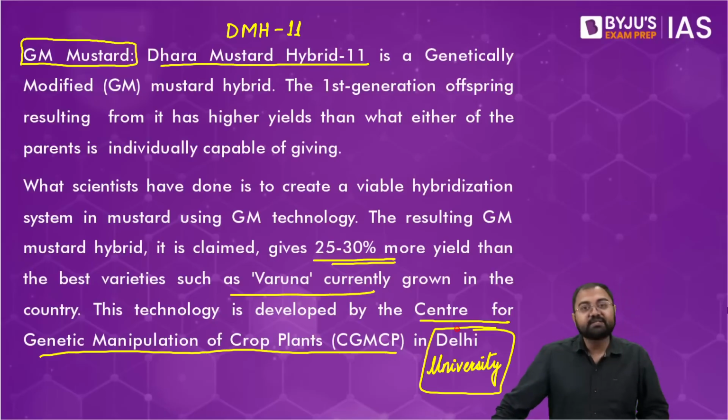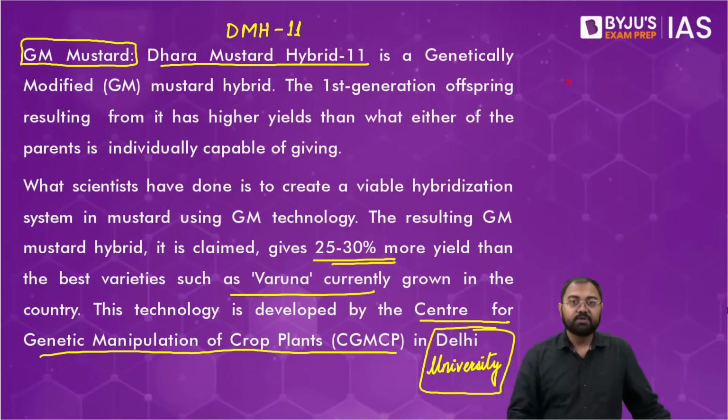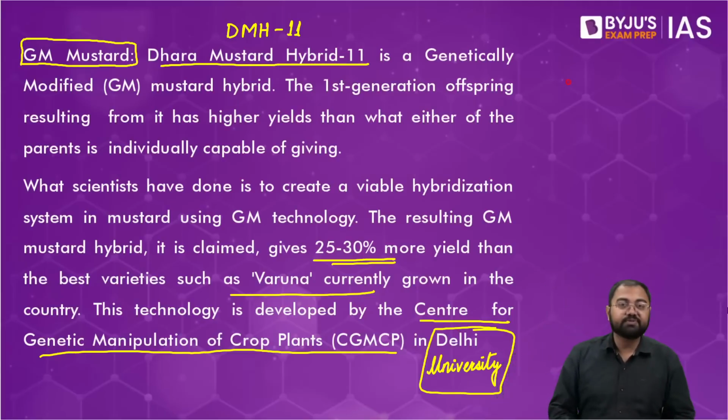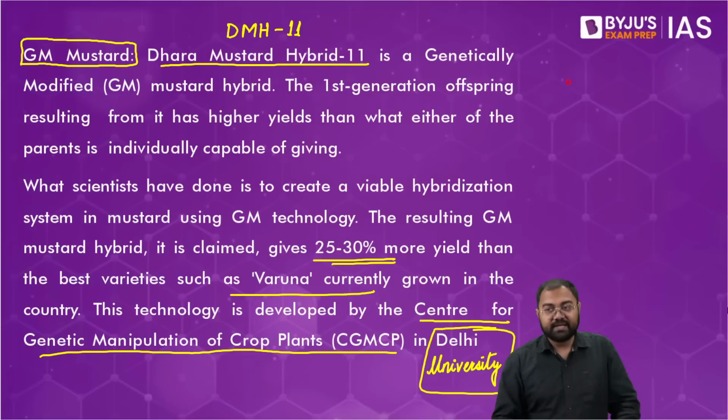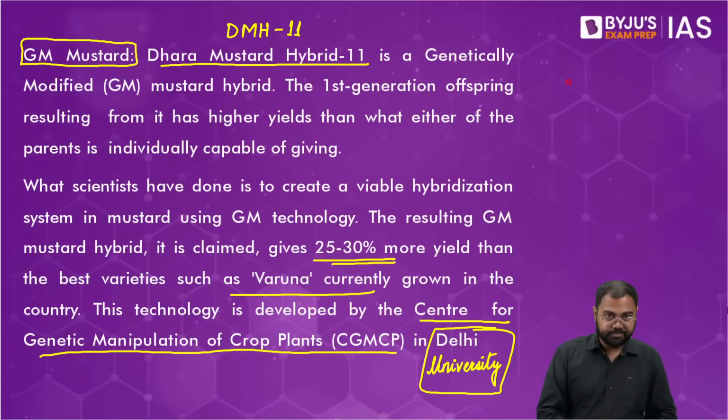Now, there are certain reasons that were cited for why this was done. First and foremost, until now, most of the genetic modification done in India has been on cash crops, on commercial crops, rather than on food crops.